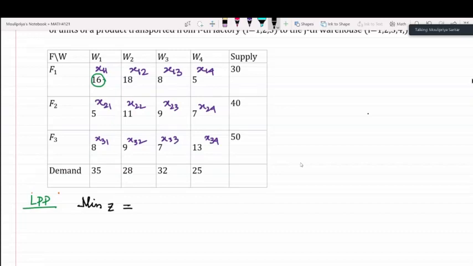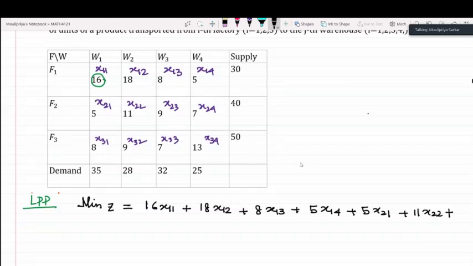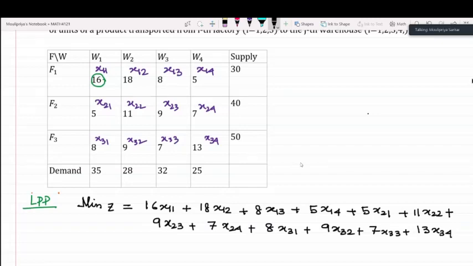So what would be the cost of transportation from F1 to W1? 16x11, plus 18x12, plus 8x13, plus 5x14, plus 5x21, plus 11x22, plus 9x23, plus 7x24, plus 8x31, plus 9x32, plus 7x33, plus 13x34. Am I okay with this objective function?